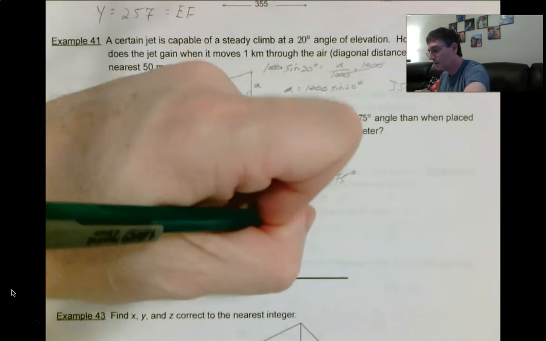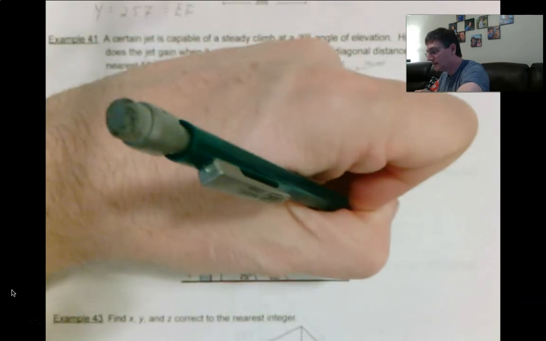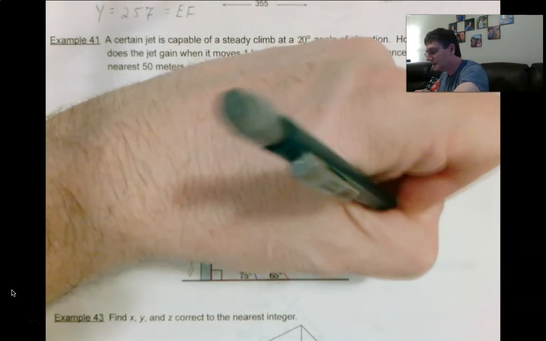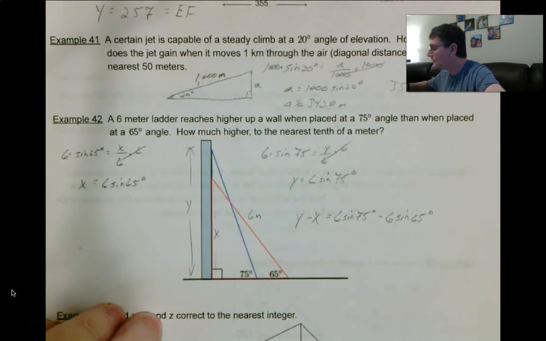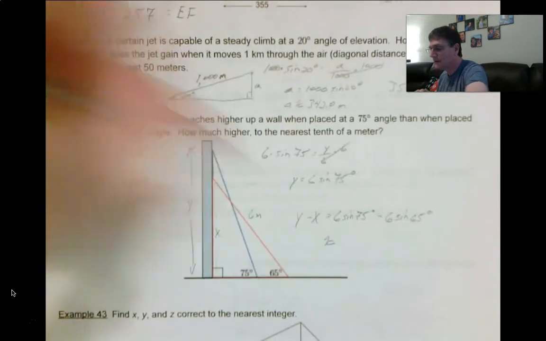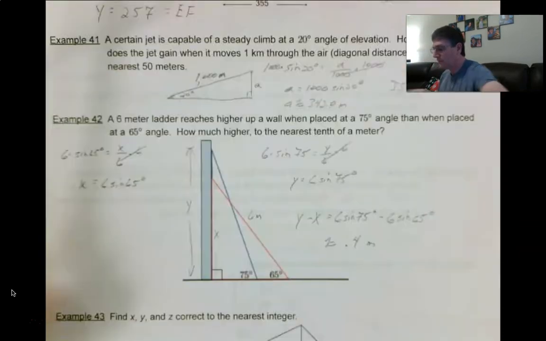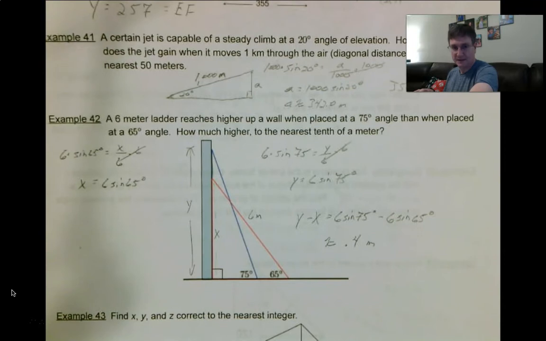And we want to find y minus x, which is equal to 6 sine 75 degrees minus 6 sine 65 degrees minus 6, giving us a final answer of approximately equal to, to the nearest tenth of a meter, 0.4 meters, a little less than half of a meter that it slides down.